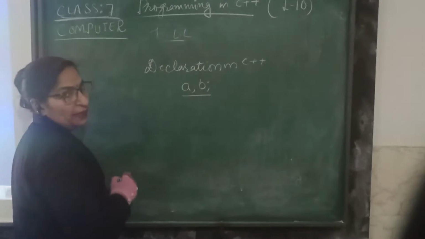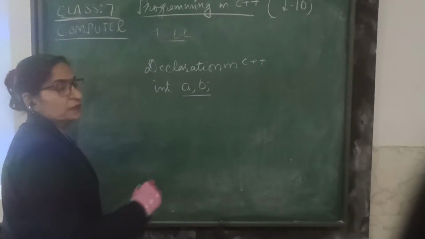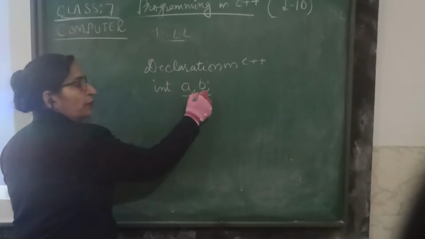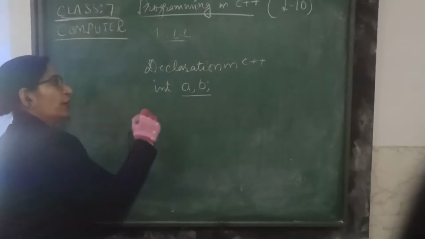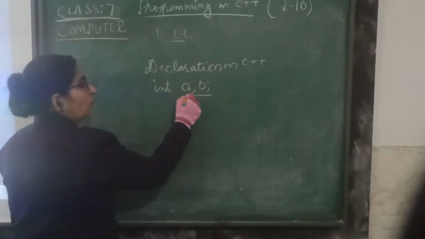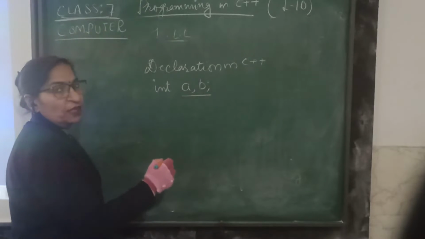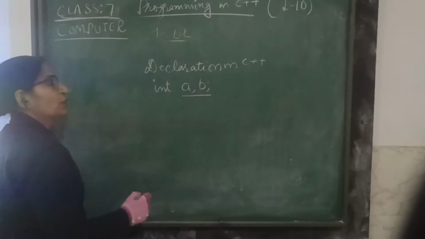These variables are declared with the data type int. That means the variable a and b are used in a program and the data type is int. That means the value of a will be integer without decimal value. B will also be integer without any decimal value.